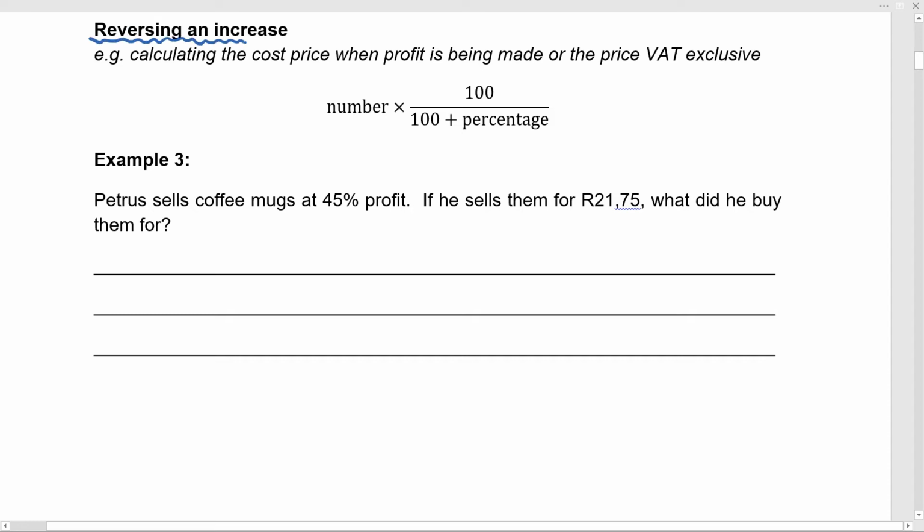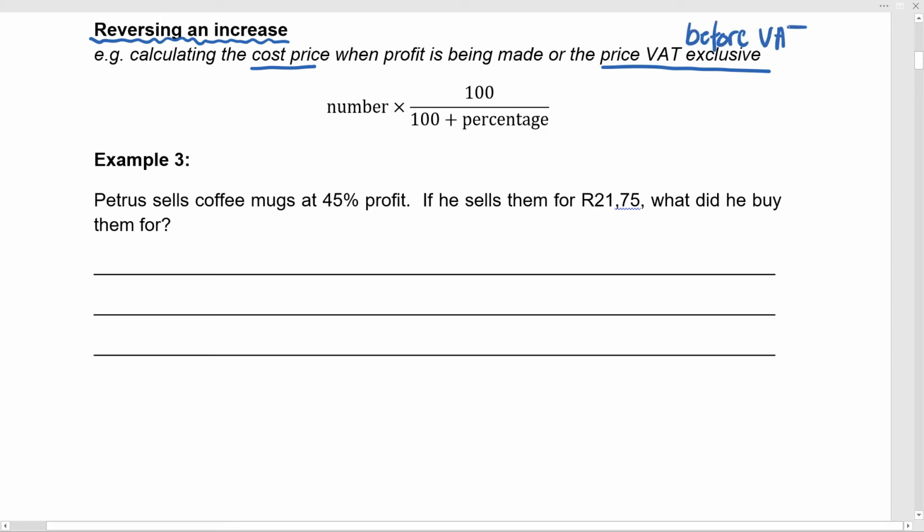And this is sometimes difficult to see because we can understand a decrease, but that's quite different to reversing an increase. A really good example of that would be we need to calculate the cost price, but we're given the one after you've added profit, or when they say we've given you the price where VAT is included and you have to now find out the price before VAT was added.